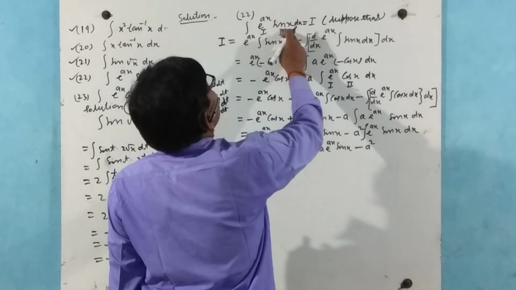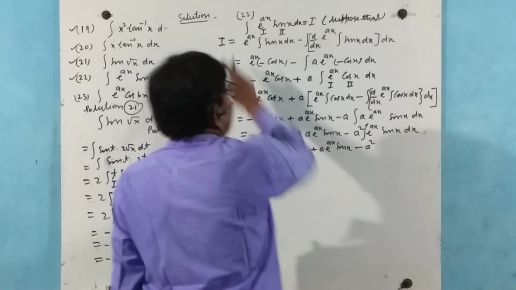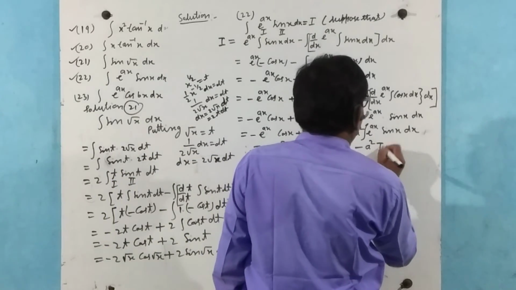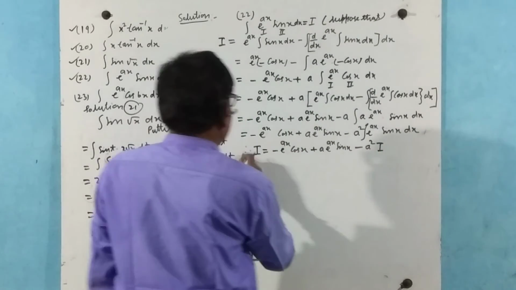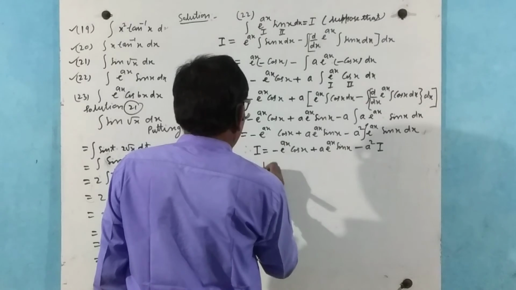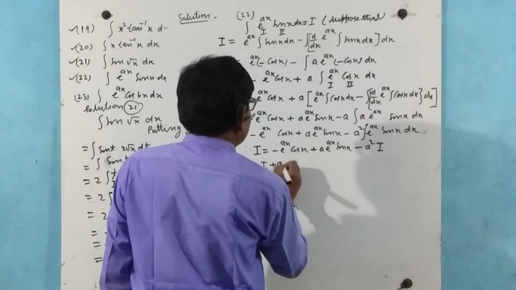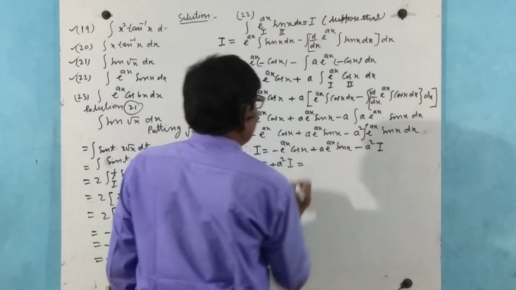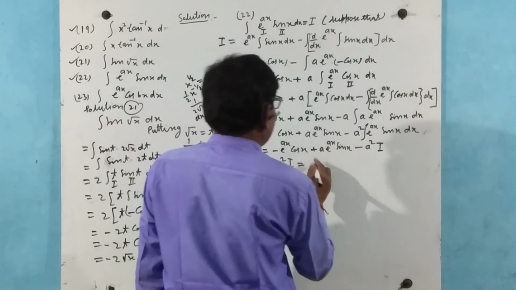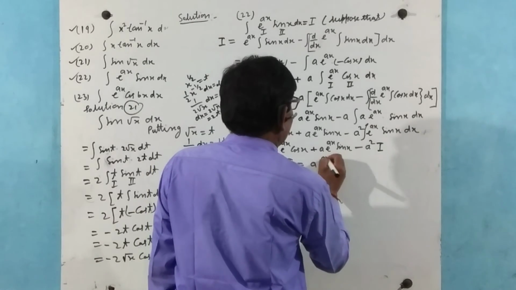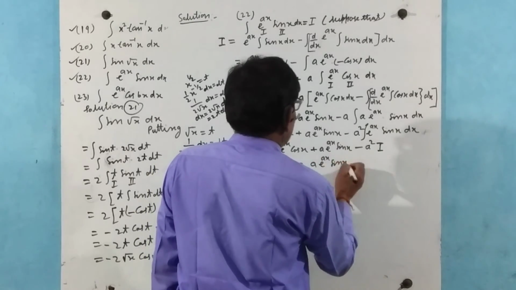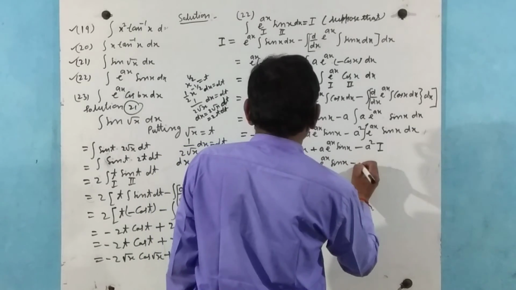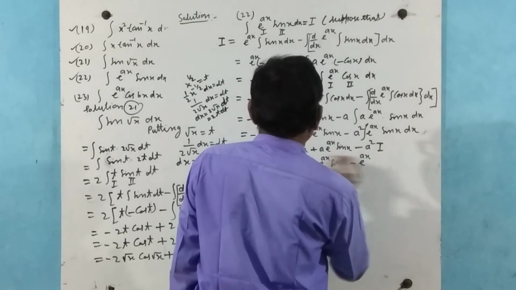We start from it, this is also equal to I. If this comes here, in this case I plus a square I equals this term: a e to the power ax sin x minus e to the power ax cos x.